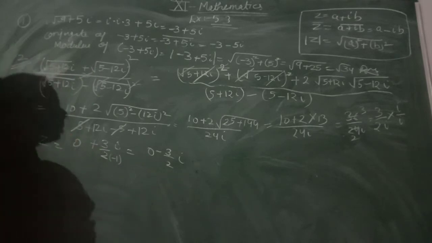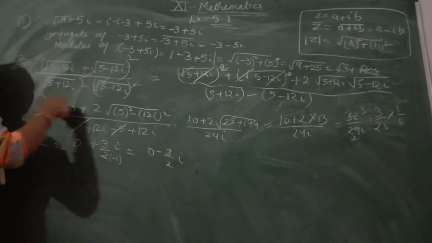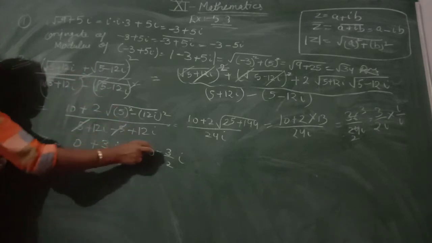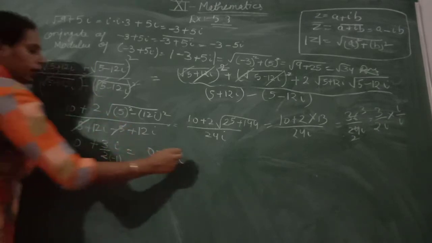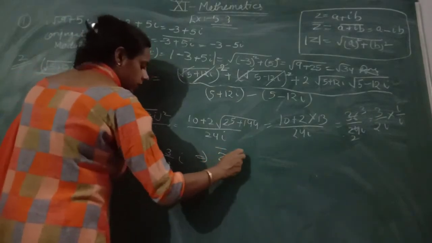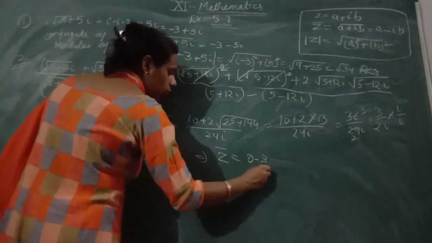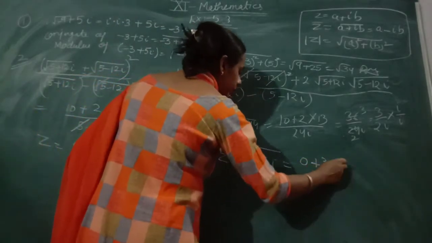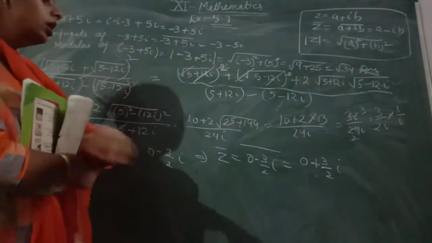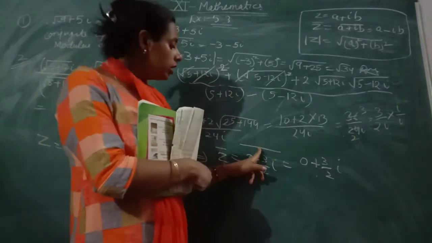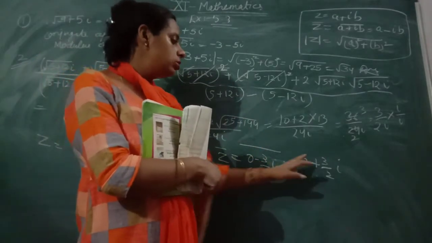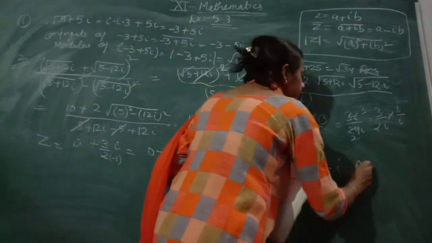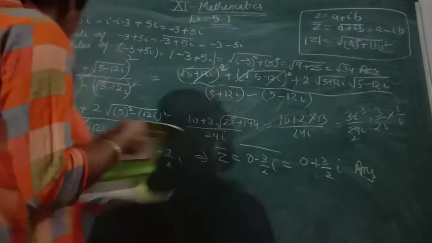Now what does the question demand? You need the conjugate of this. If this is z, then z conjugate is equal to the conjugate of 0 minus 3 by 2 iota, which is equal to 0 plus 3 by 2 iota. Since the conjugate affects only the imaginary part, its negative sign converts into positive, and this is your answer. Come to the third example.